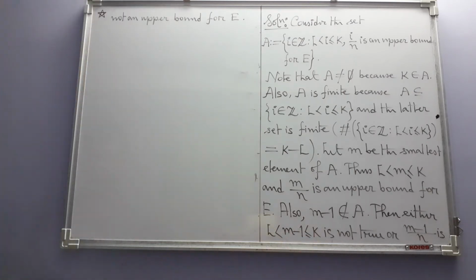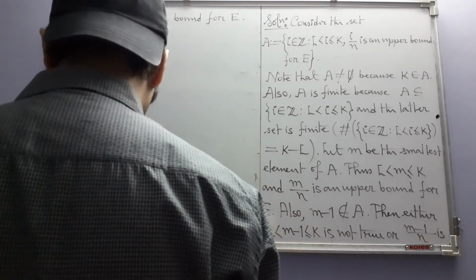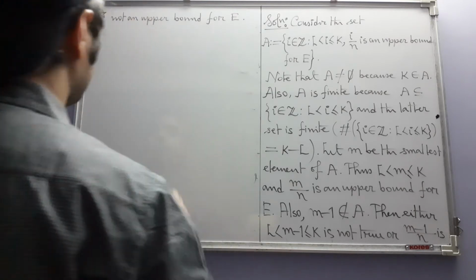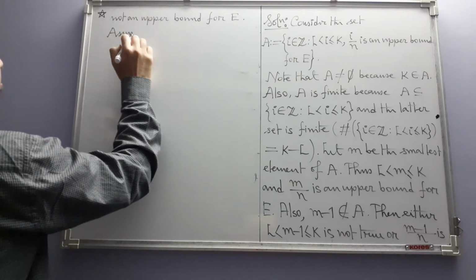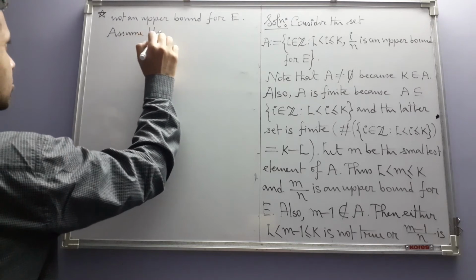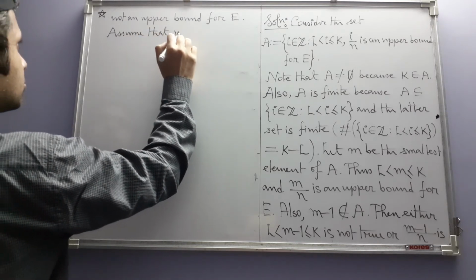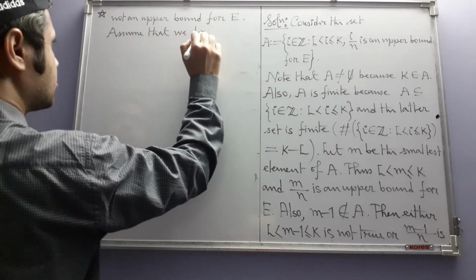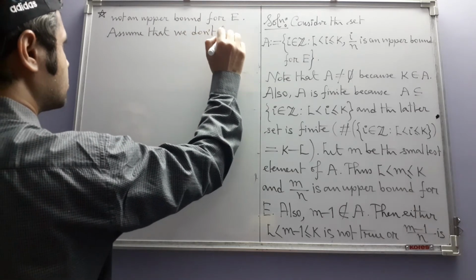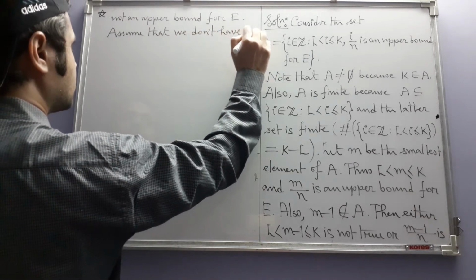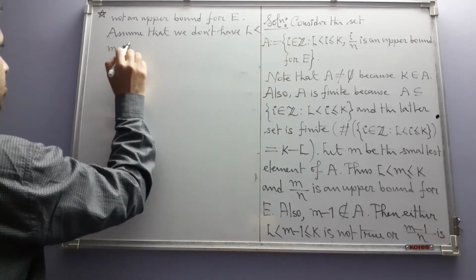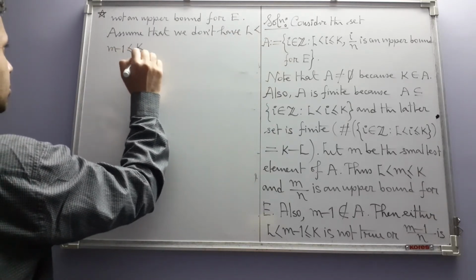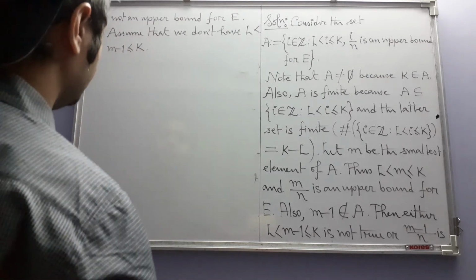Then what happens? Assume that we don't have L less than M minus 1, which is less than or equal to K.